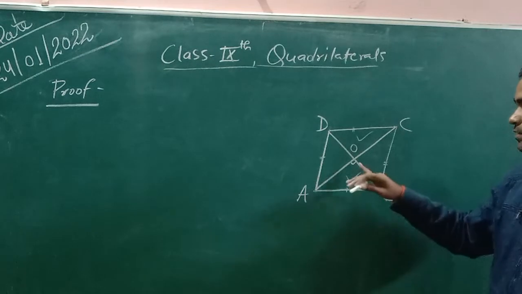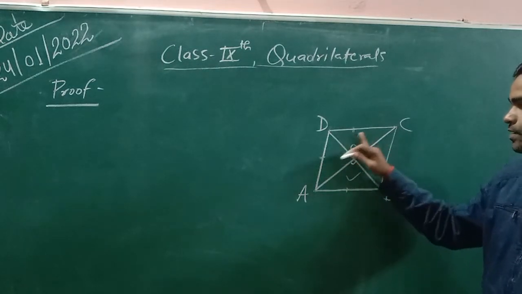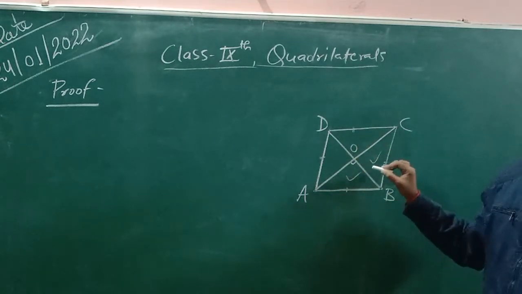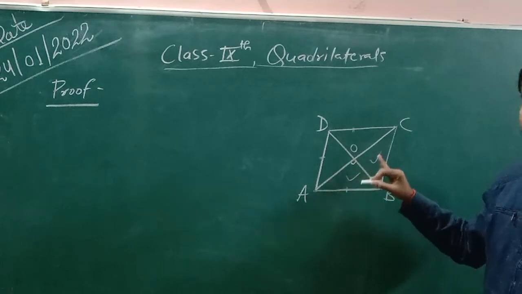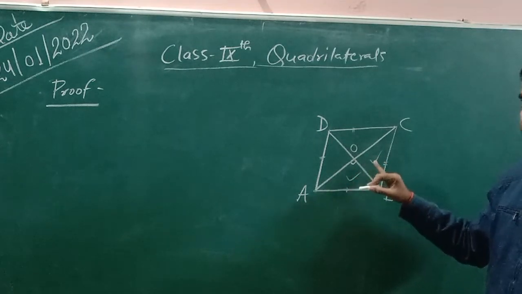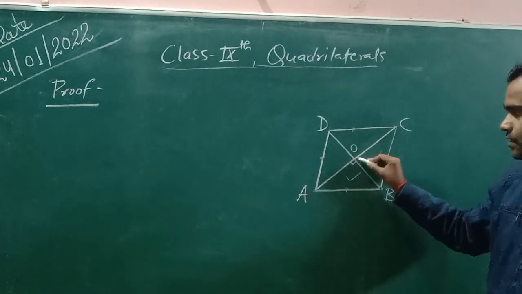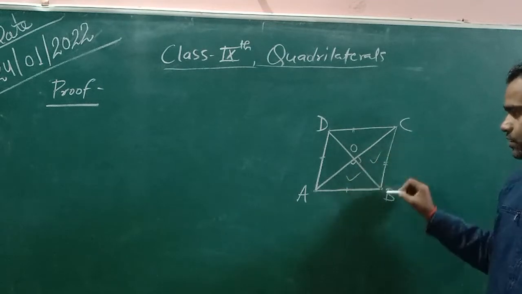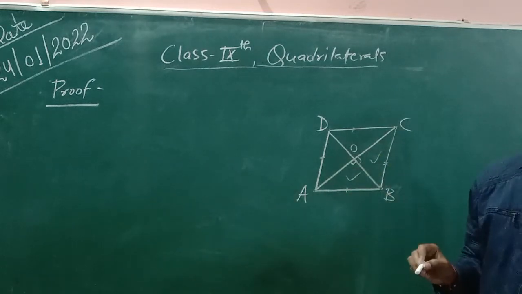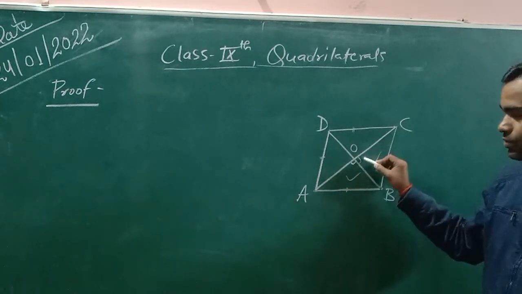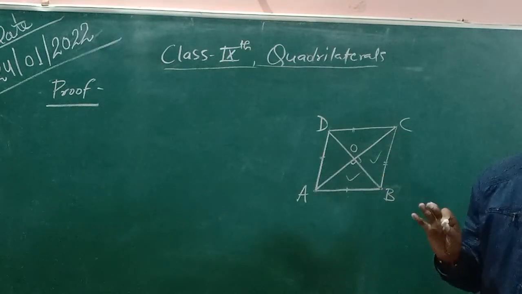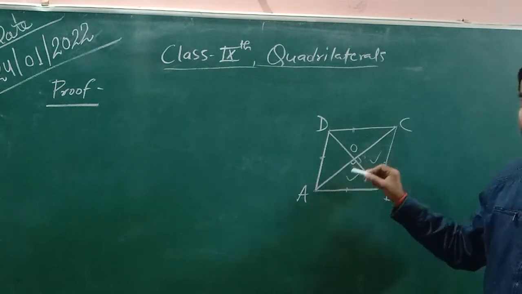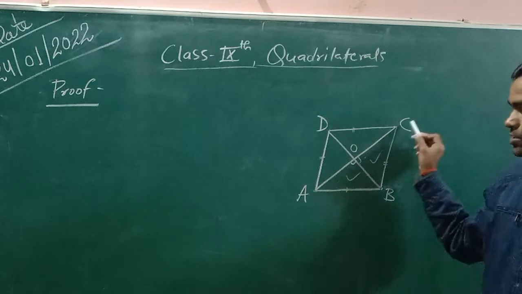But in case of this angle to be 90 degree, we will prove these two triangles congruent. Because after proving these two congruent, you can write angle AOB is equal to angle BOC by CPCT, and the sum of these two will be 180 because AOC is a straight line.